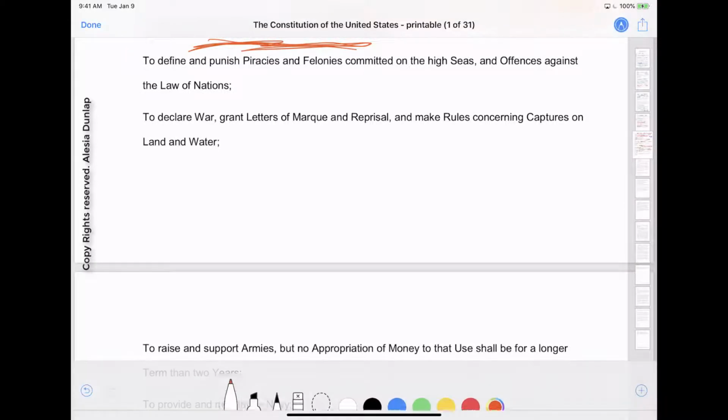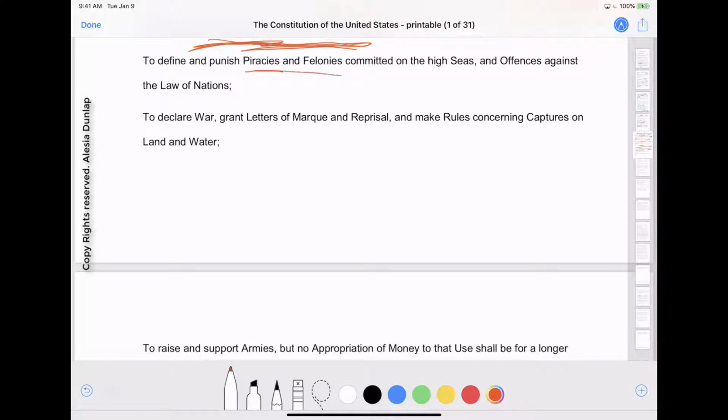Next, they can determine what constitutes a crime at sea and decide how to punish the individuals or countries that commit these crimes. They can declare war, allow private ships to capture enemy ships during war, kind of like pirates, and make rules about capturing enemies on land and at sea, right?